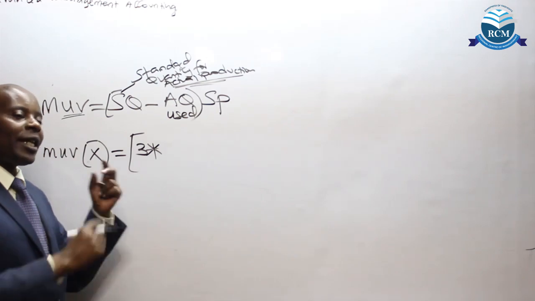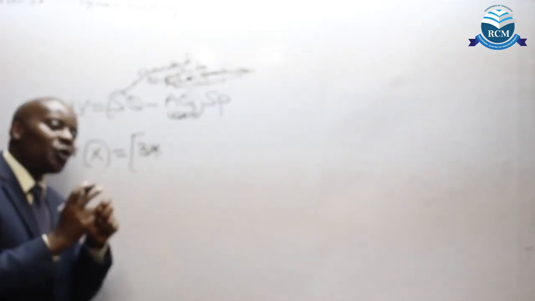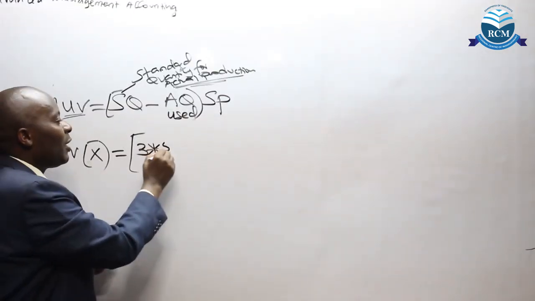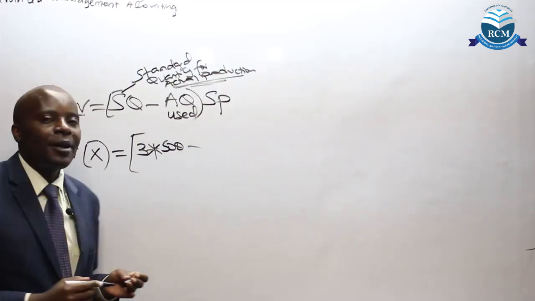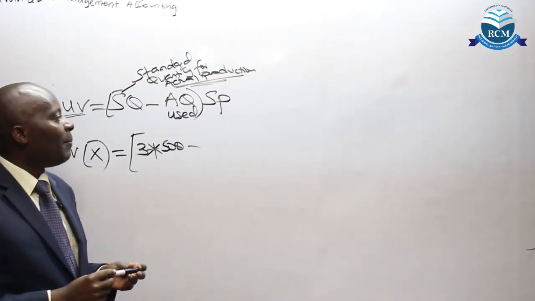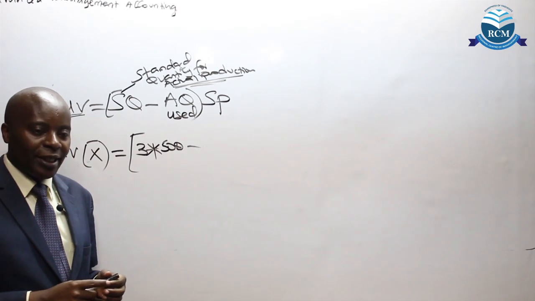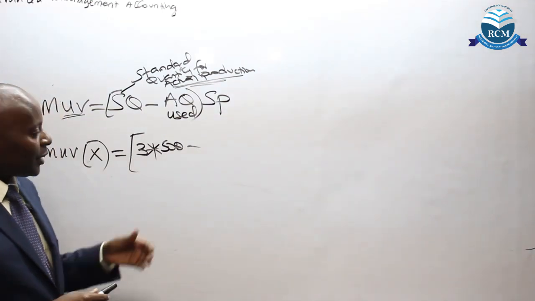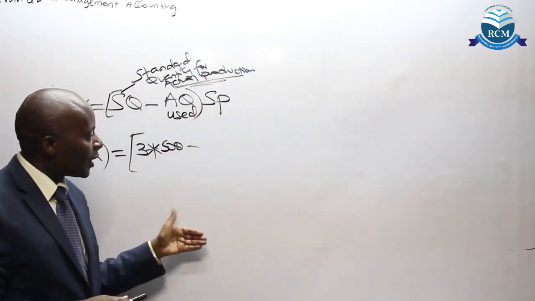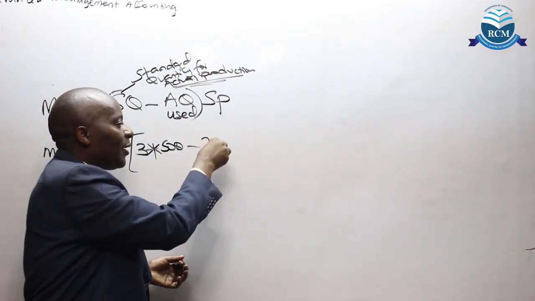So standard quantity for actual production will be 3 times 500, minus the actual quantity that was used. Actual quantity of material X that was used was 2,000.